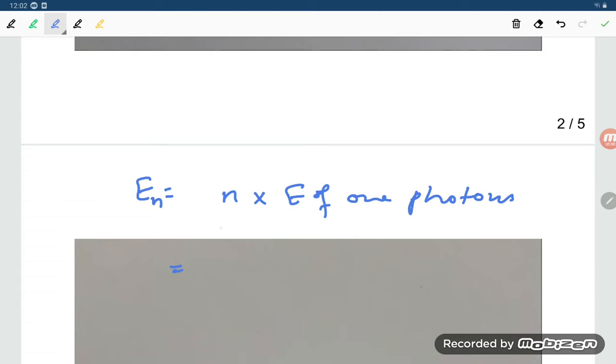The energy of n photons is n into E of one photon, where n is the Avogadro number, since it is a mole. That is 6.022 into 10 power 23 multiplied by the energy of one photon.